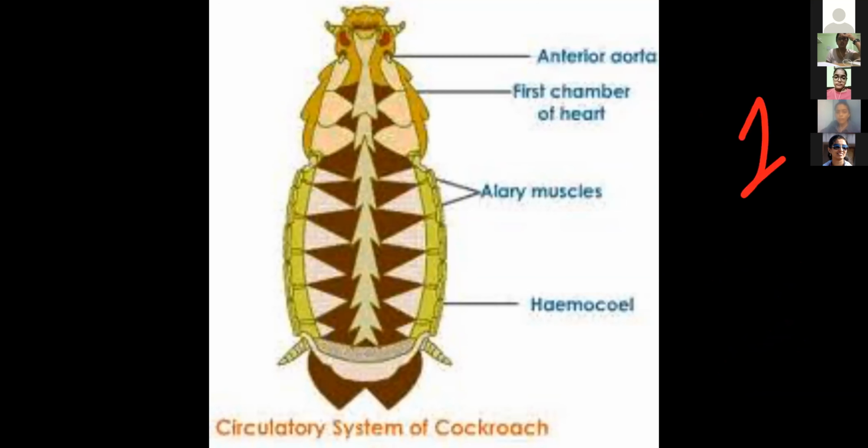Heart is 1, but chambers how many? 13. जैसे हमारे में भी heart एक ही है, but 4 chambered है. Right? Here heart is 1, but that is divided. This entire heart is divided into these 13 chambers, anterior to posterior.